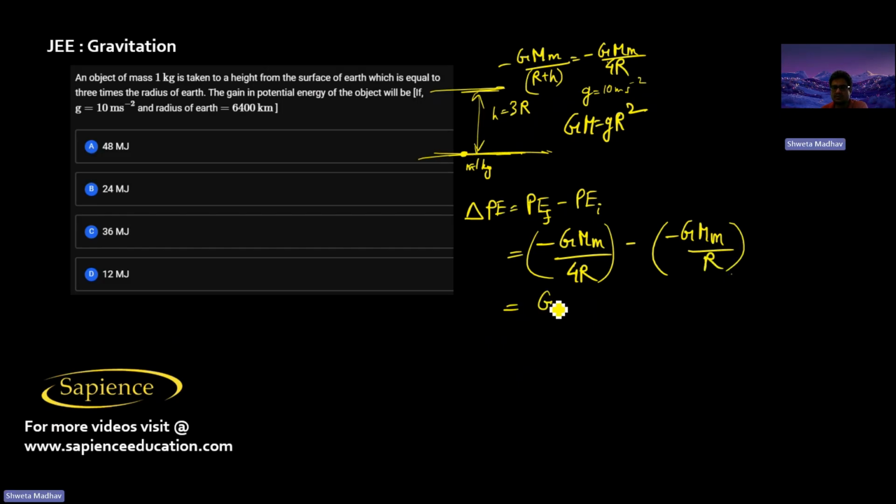So this will be equal to GMm by r minus GMm by 4r. Therefore, the gain in the potential energy of the object will be equal to, we can take GMm by r as common.